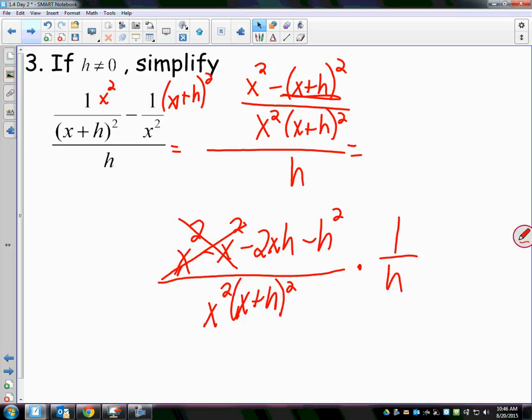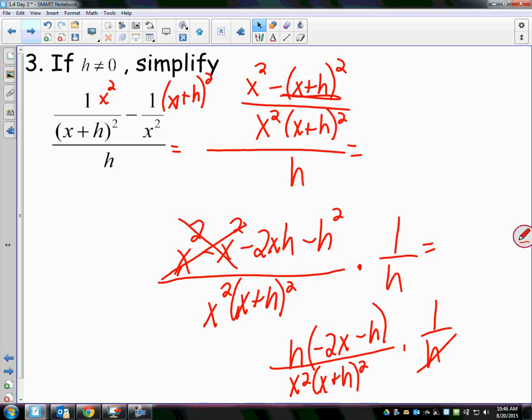So look what's left in the numerator up there. Alex? Could I factor an h out of that and have negative 2x minus h over x squared times x plus h squared times 1 over h?